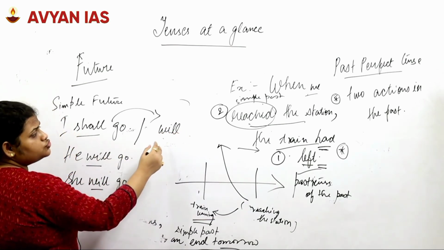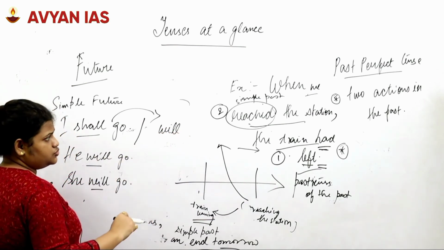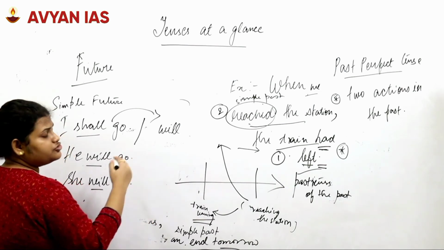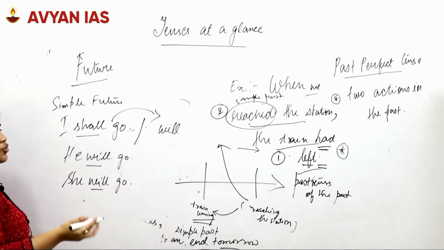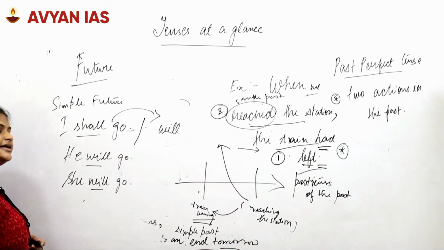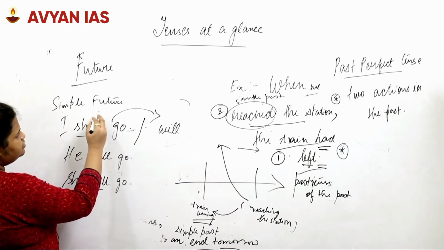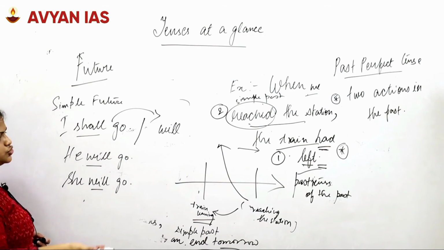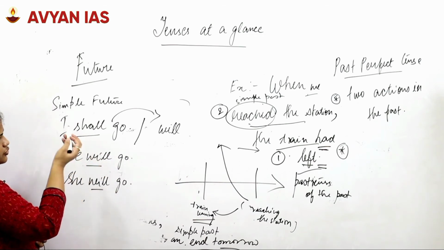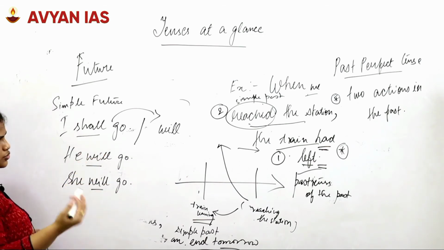Although the traditional rules of grammar do not say that we can use a will, there are also other usages of shall and will which are known as modals, with which we will deal in another class. So this is the simple future tense, that is something is about to happen: I shall go, he will go, she will go.